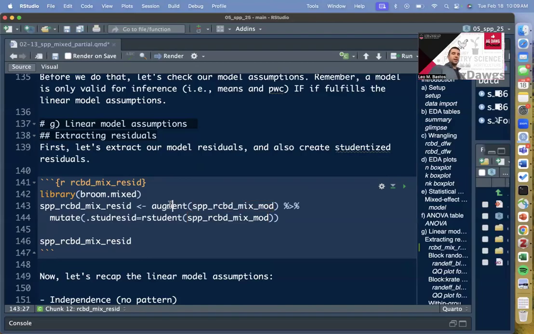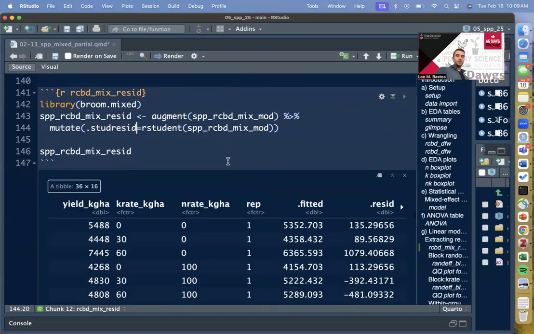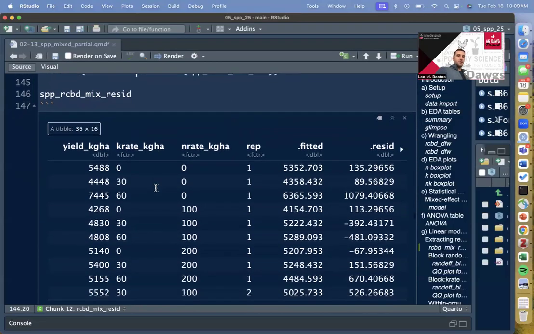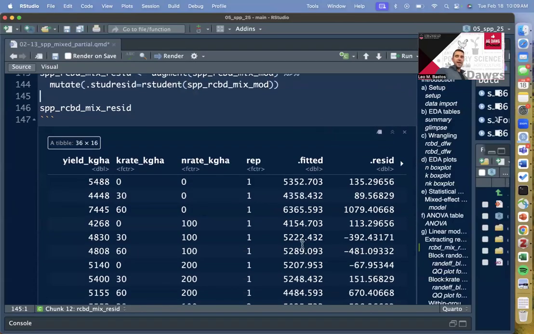Notice that we're getting the EIJs of this model basically. If you run this chunk, we're using that function called augment and then calculating our studentized residuals. The function augment takes your own data set and just adds some more columns associated with residual metrics, which is really cool.